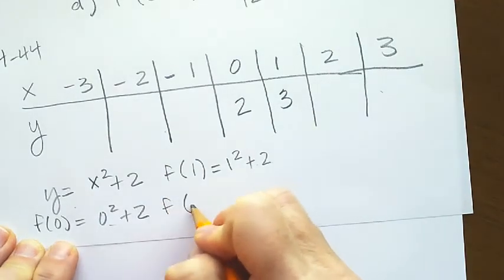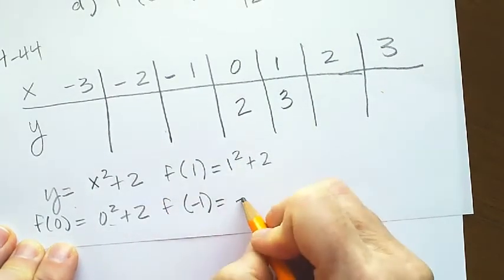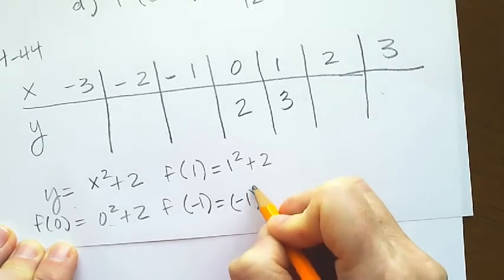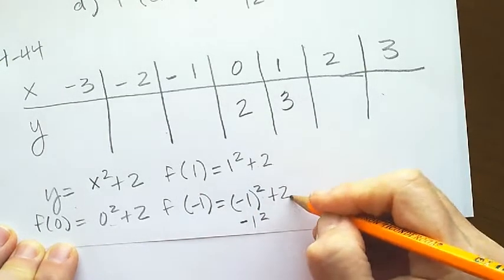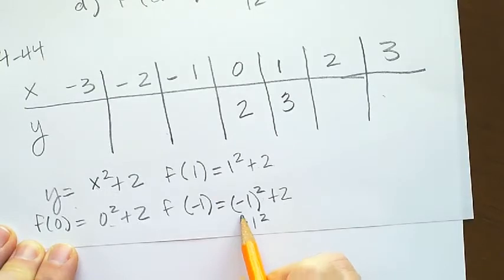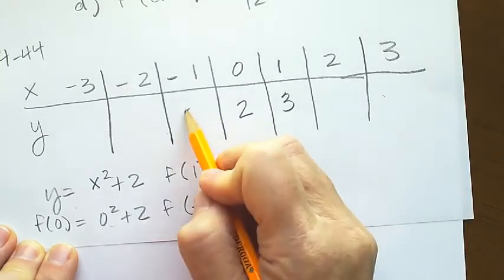If I plug in -1, (-1) squared is not the same as -1 squared. So it's (-1) squared plus 2. -1 times -1 is +1, and +1 plus 2 is 3.